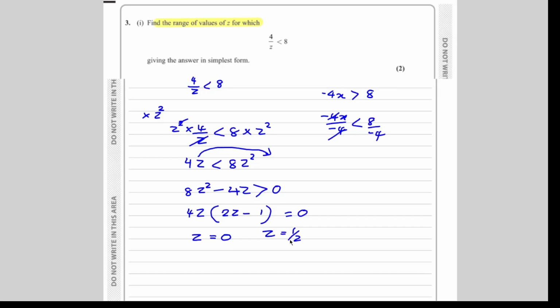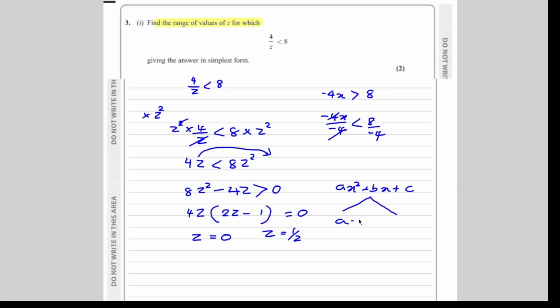After that, you have to draw a small sketch. This is a quadratic. Any quadratic curve is under the format of ax squared plus bx plus c, right? So there are two types of curves depending on the value of a.